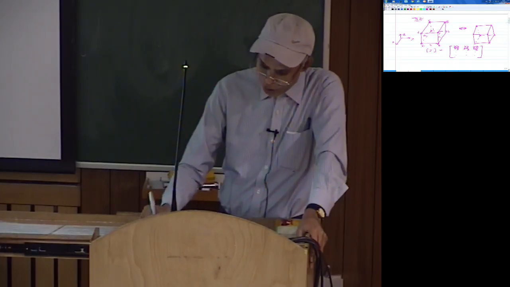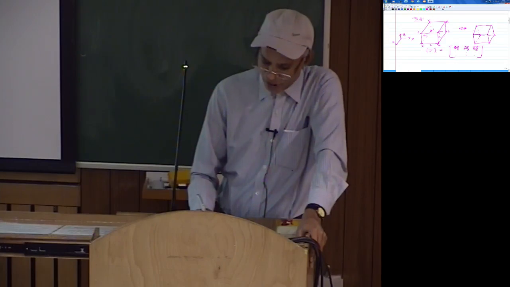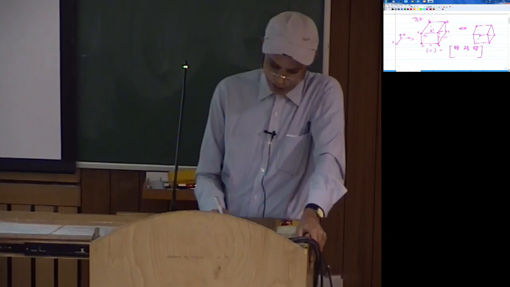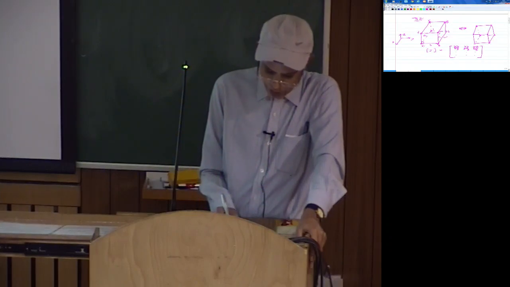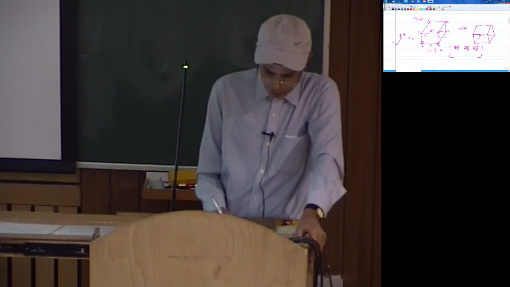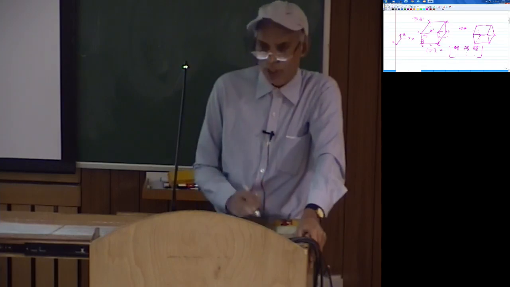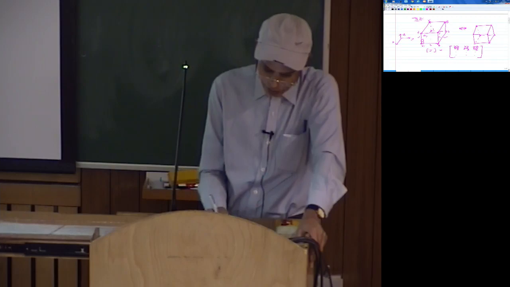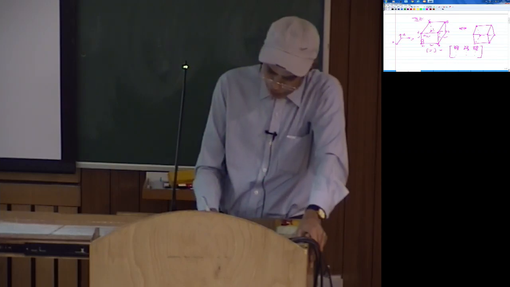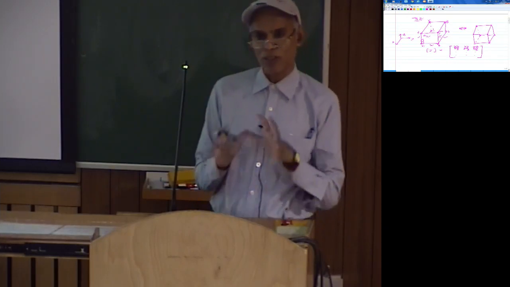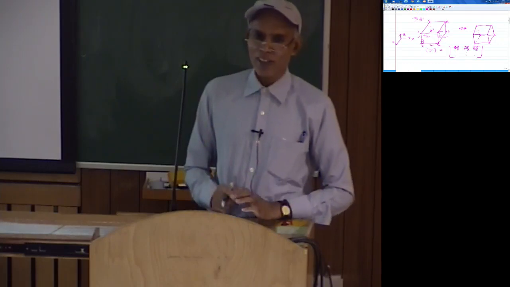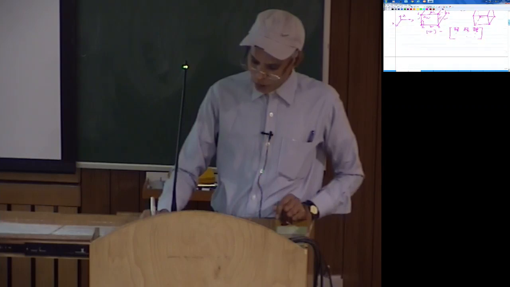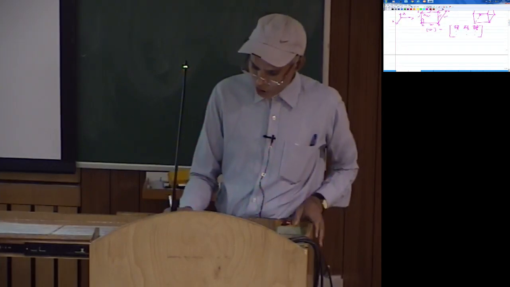Ideally, if this element in the physical coordinate space is a cuboid, that is, all these angles are 90 degrees, and the edge lengths A, B and C are the same, then it is a cuboid. That is the ideal shape of the element in the physical coordinate space, and that gives you a well conditioned Jacobian matrix.